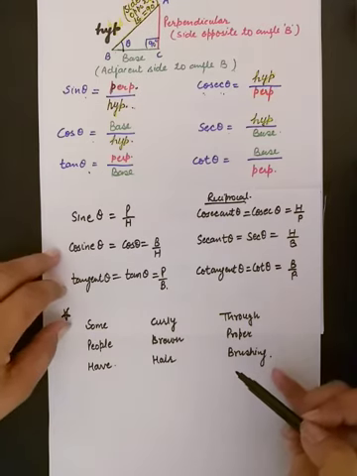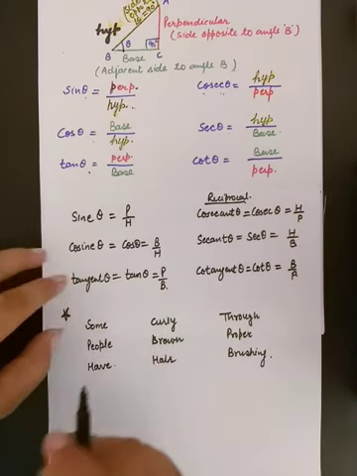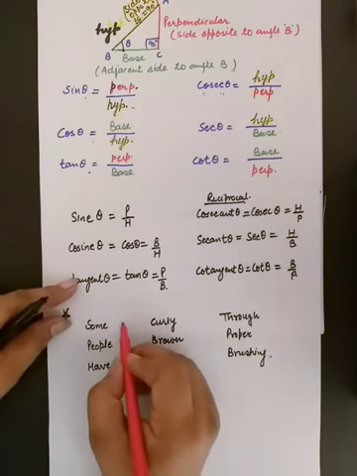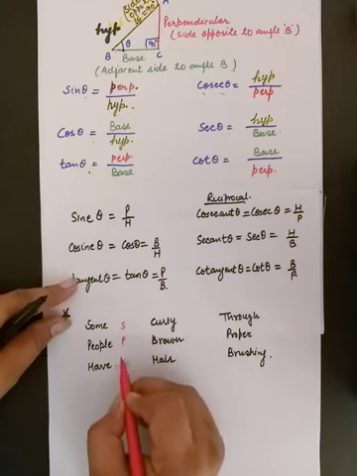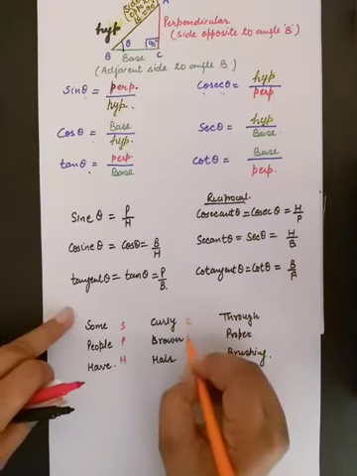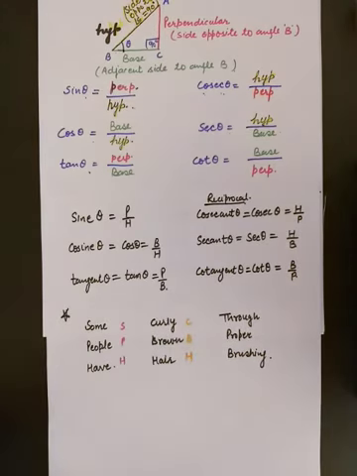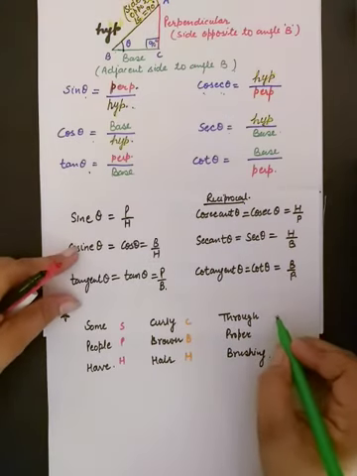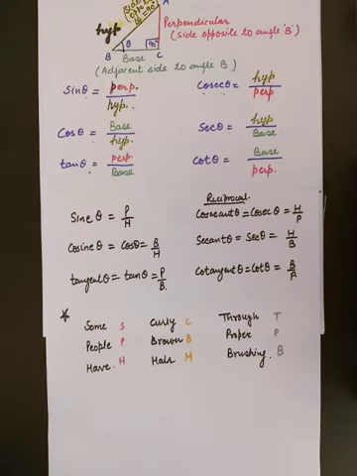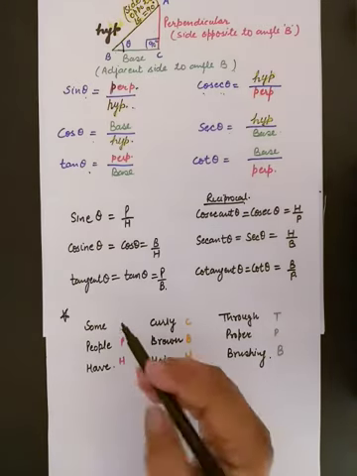So to remember these t ratios, you have to pick the first letter of these. Here, some gives S, people P and have H. And for curly brown hair, again I will pick C, B and H. And from the next three words, we pick T, P and B, where S will be for sin theta.